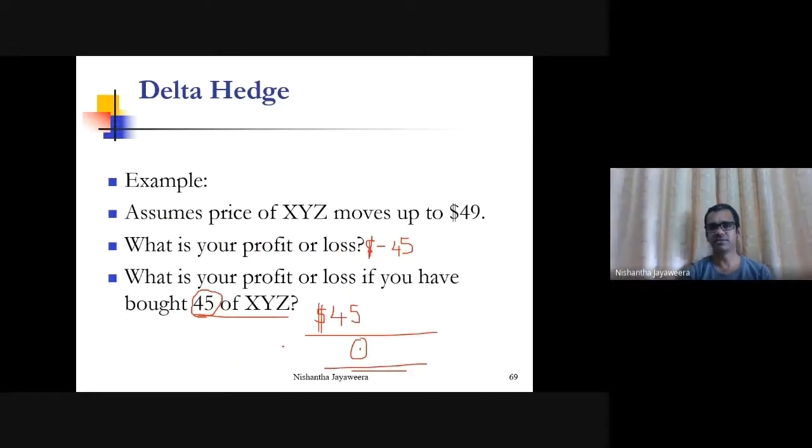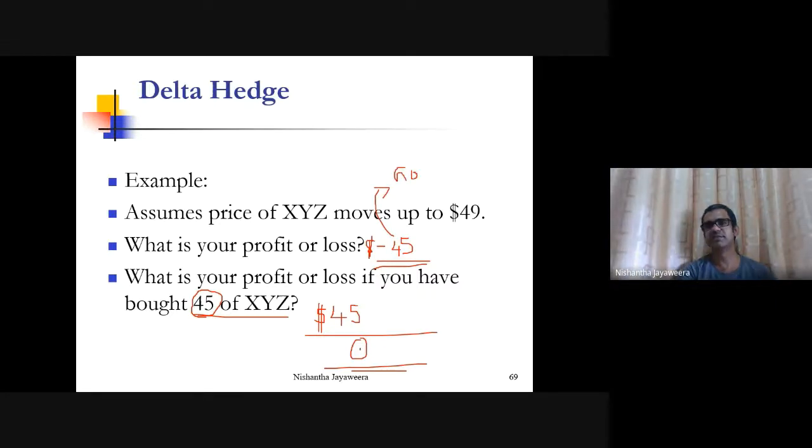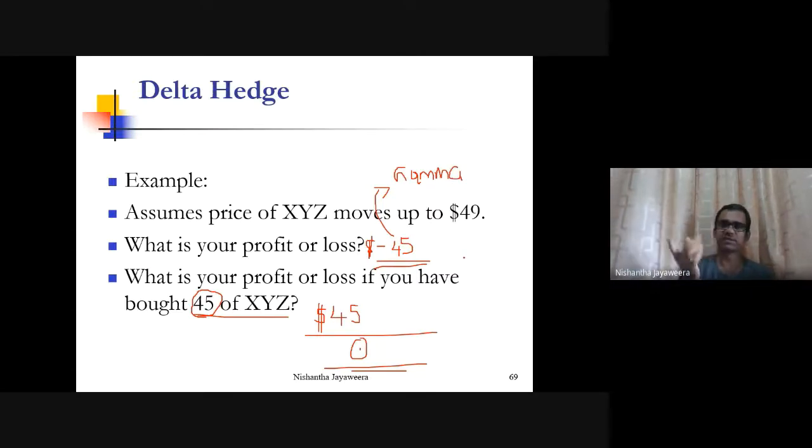Having said that, I have to say this may not be exactly the same. You may not get exactly 0. Why? This may not be 45. Can you tell me any reason for that? The impact of gamma. That means the delta changes with the spot price changes.